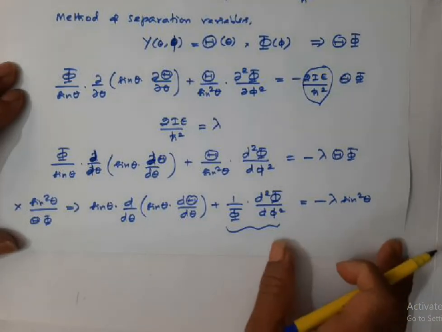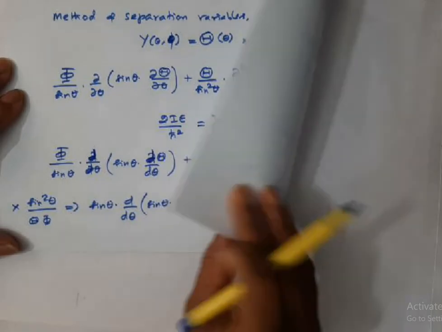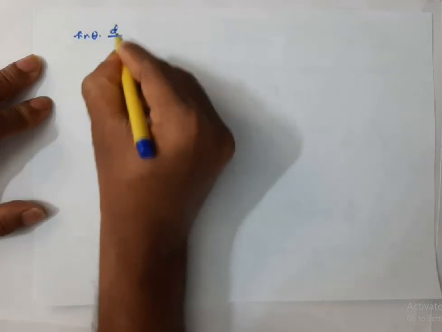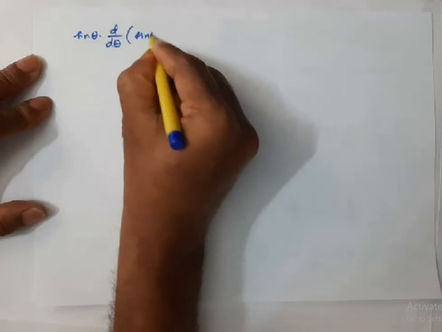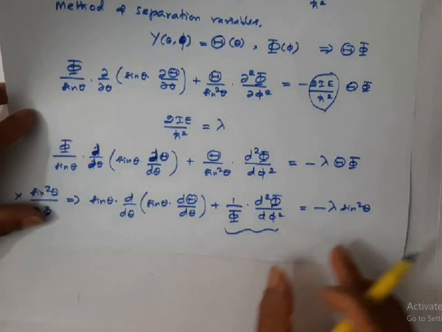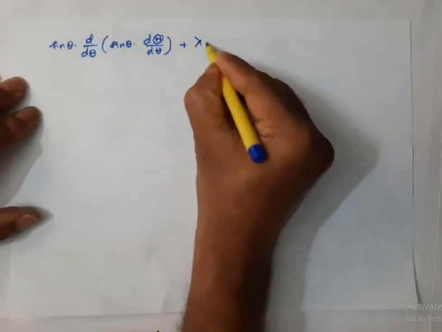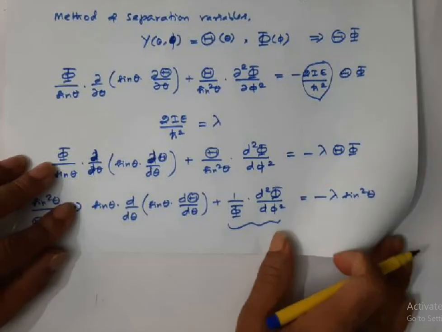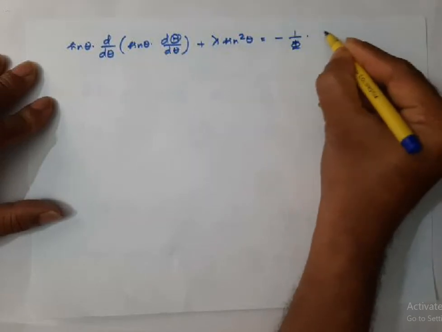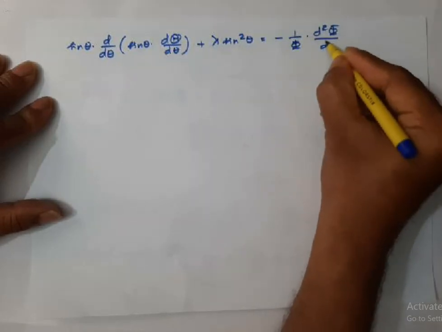So we have sine theta d by d theta into sine theta d Theta by d theta, and I'll bring this term over, so it becomes plus lambda into sine square theta, and this term to the right hand side, so you'll get minus 1 by Phi into d square Phi by d phi square.